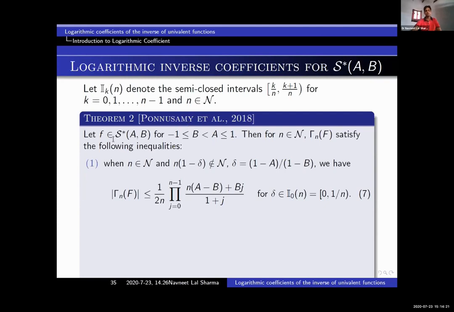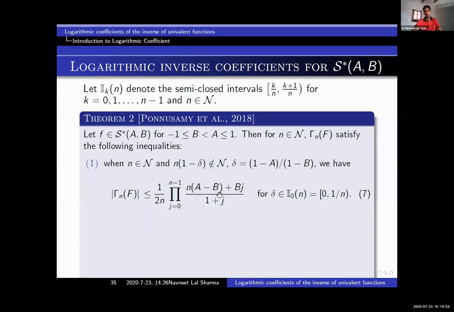Let f be in the class S*(A,B) and satisfy this condition on A and B. Then the inverse logarithmic coefficient Gamma_n satisfies the following result: modulus of Gamma_n is less than or equal to this inequality, and this inequality holds when A and B satisfy this condition, that is -1 <= B < A <= 1, but this result does not hold for the whole condition.